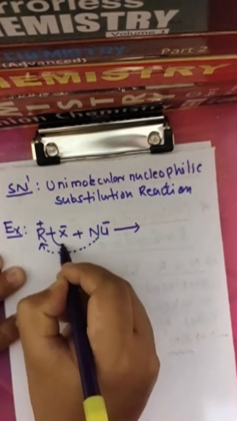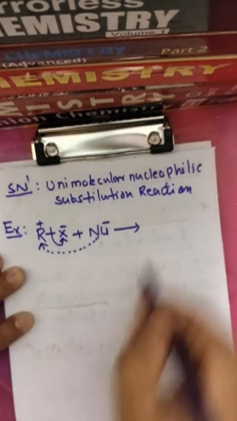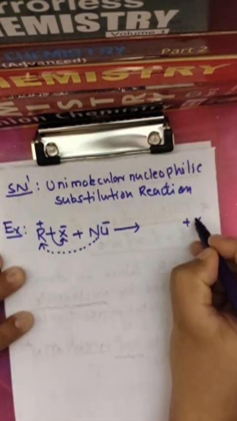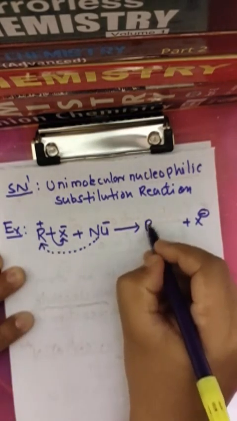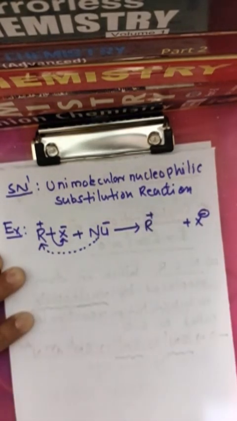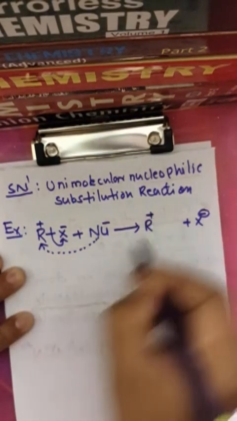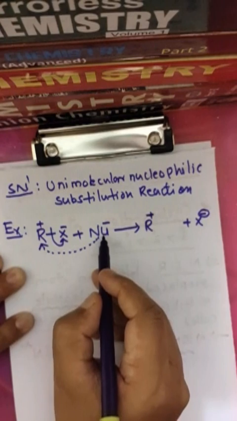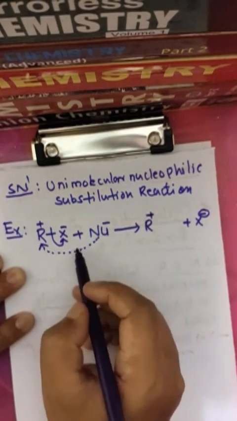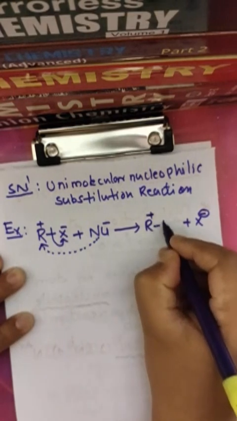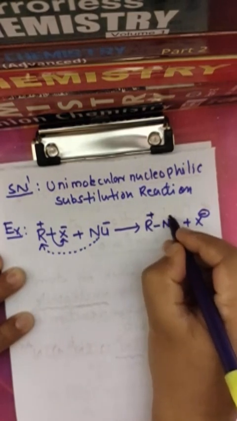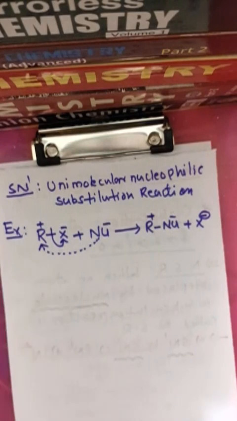That's why this halogen is going to leave as X minus, leaving R plus, where R is the alkyl group with positive charge. The nucleophile is negatively charged, so immediately it will attack R plus. Then you are getting R-Nu.